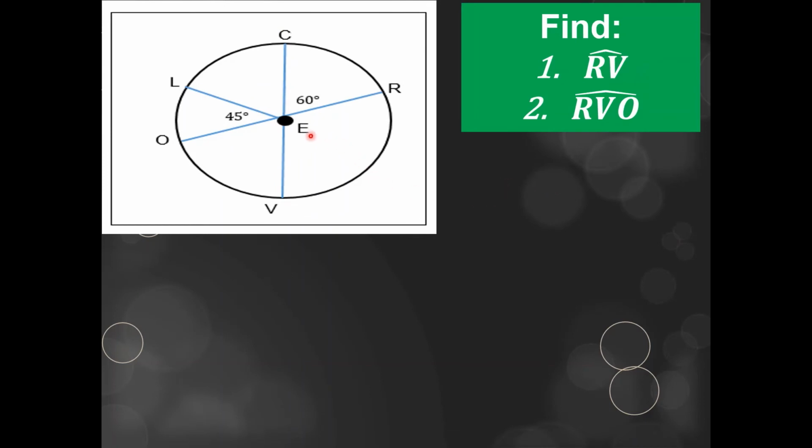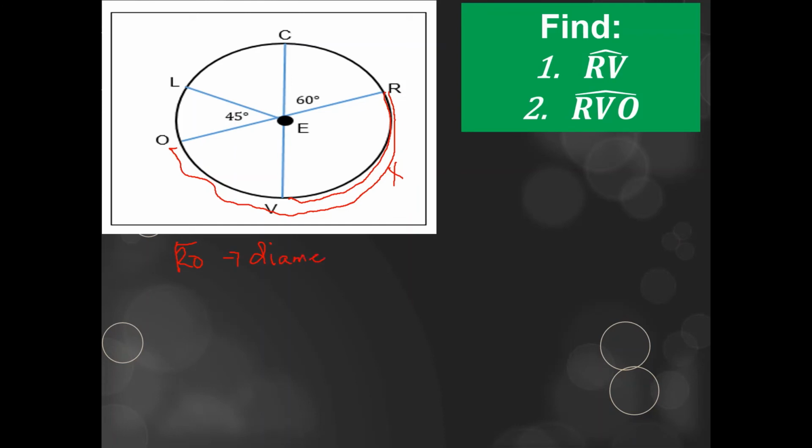In circle A, we need to find the measurement of arc RV and arc RVO. Arc RV is this one, and that measures X. And then RVO starts from R going to V until O. Based on the figure, RO is a diameter.